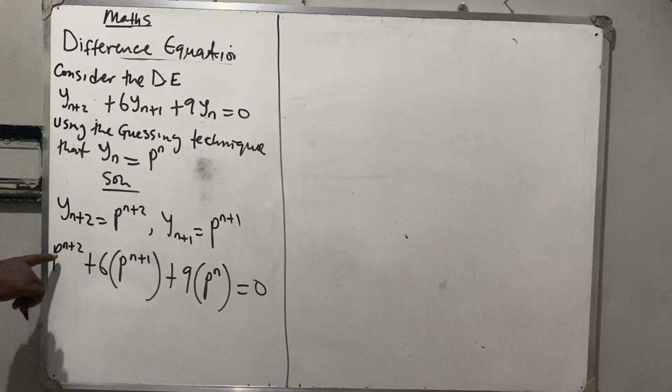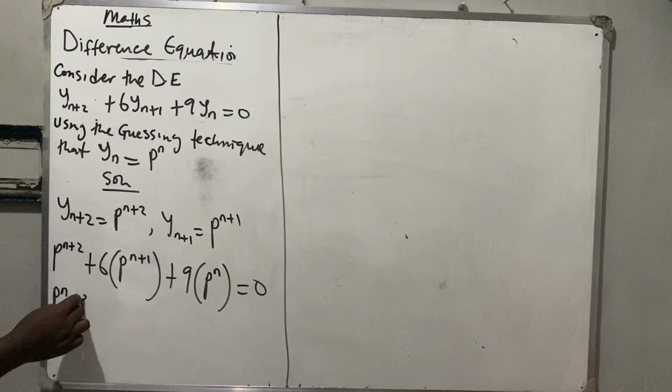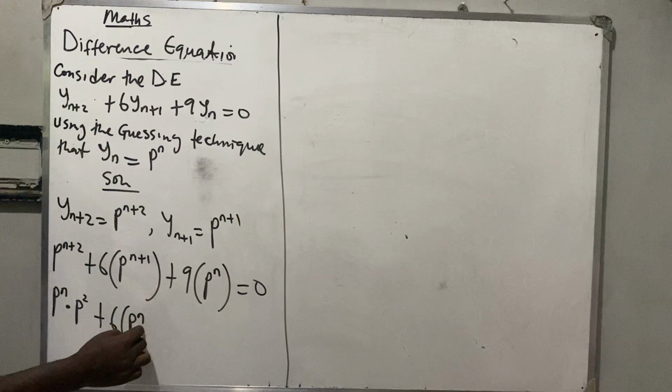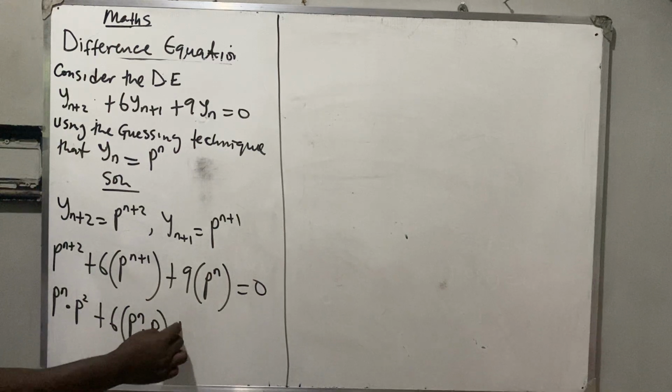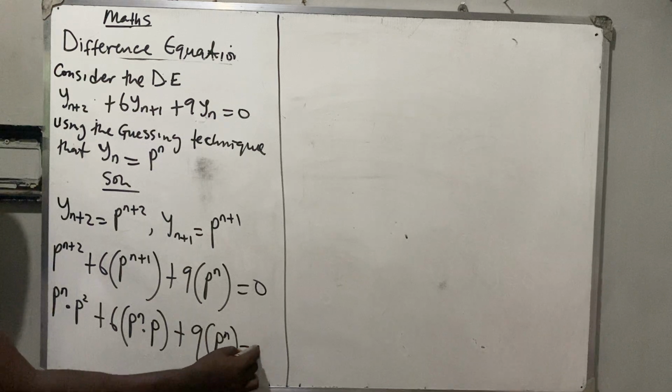So let me reduce this. It's going to be p^n multiplied by p squared, plus 6 into p^n multiplied by p, then plus 9 into p^n is equal to 0.